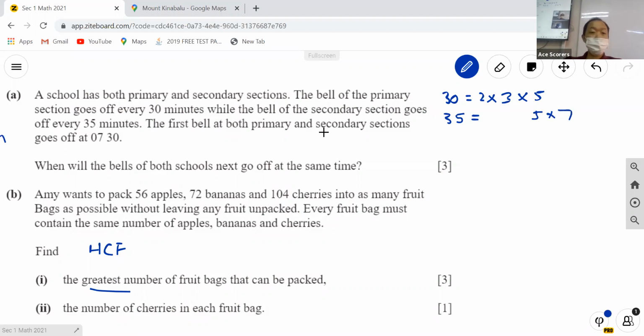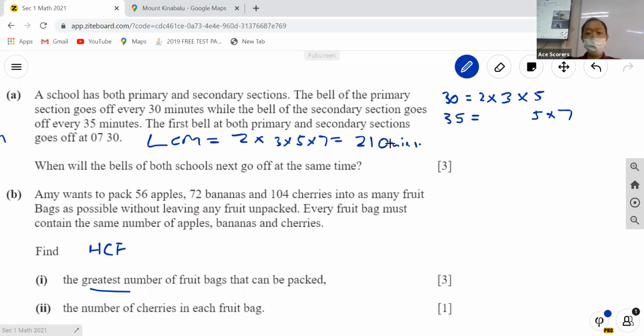To find the LCM, I take the highest power. So LCM equals 2 times 3 times 5 times 7. According to the index notation method, we get 30 times 7, which is 210 minutes.